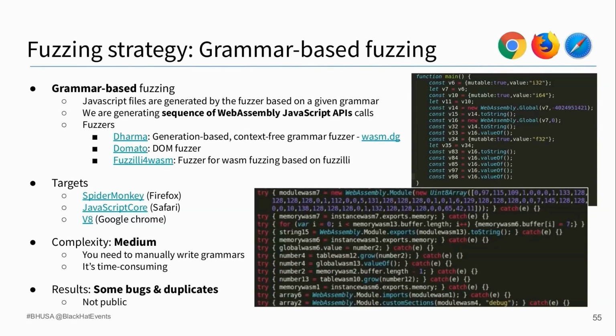I've also used a really good tool named Fuzzilli for Wasm. It's basically Fuzzilli with some patches to add WebAssembly to it, and that's what you have on the top right. It's generating some really good stuff, and it was working pretty well. At the end, it was long but not that complex to create those grammars, and it actually triggers some bugs that are not public or are duplicates of other ones.